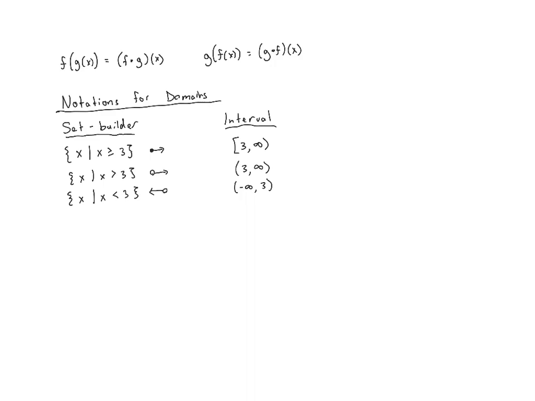Now, I want to look at a couple more. We've also seen domains where instead of x being greater than or equal to a number, x was not allowed to be equal to a number. So the set of numbers x such that x is not allowed to be 3.